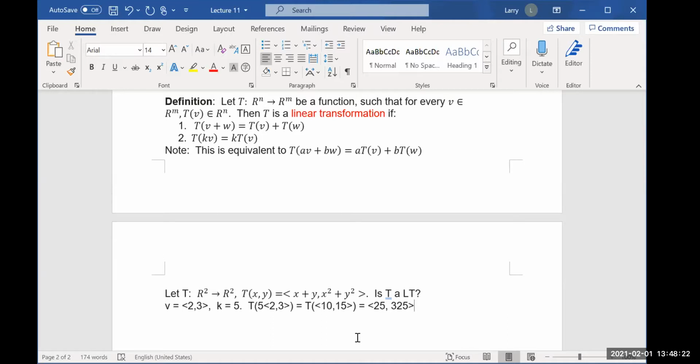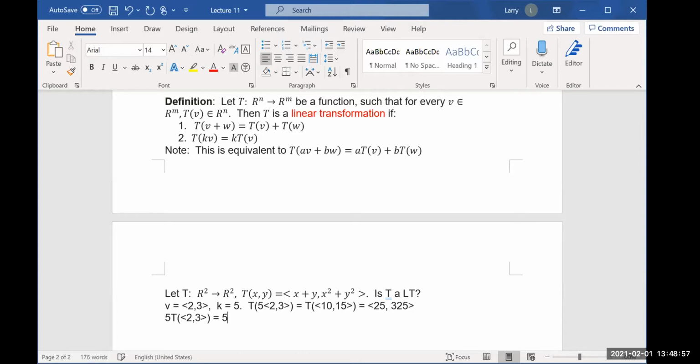Now what do I have to do? Check your other property, or rather, check to see if it's valid on the other side of the equation. So now I have to see, what about K times T of V? So 5 times T of 2, 3, and see if I get 25, 325. Any questions on that?